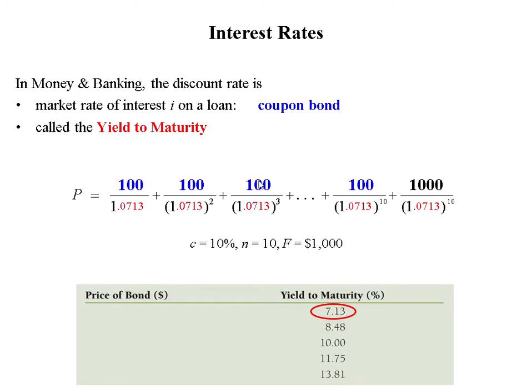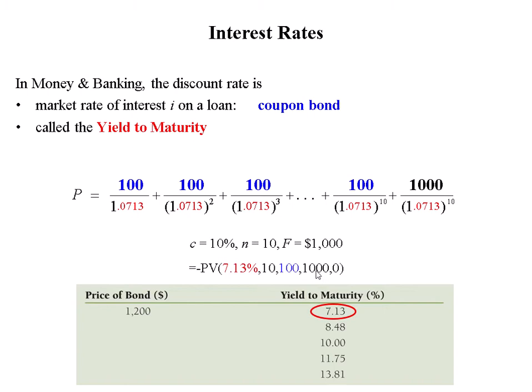So the price of this 10% $1,000 10-year bond is the present value of this stream of payments. In Excel, we can calculate this using equal minus PV, parenthesis, the yield to maturity with a percent symbol, the number of periods, the coupon payment, and the face value or future value.